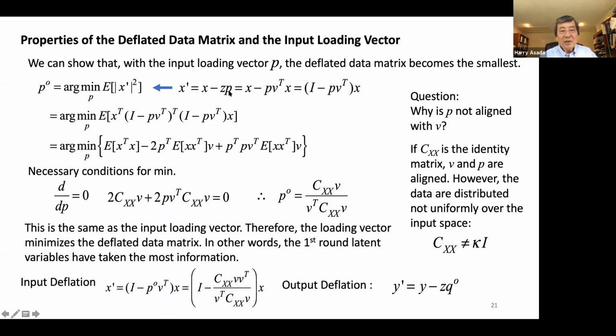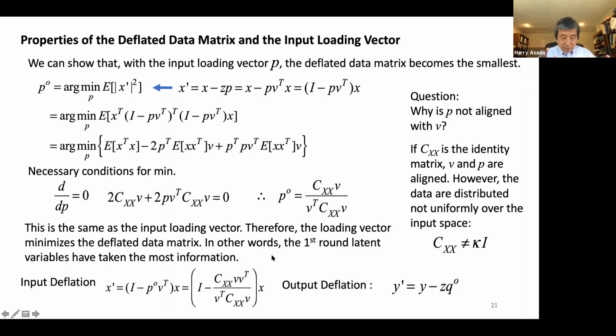So X prime is given by this, and originally it comes from this, so it can be written this way, right? I minus P transpose X. So replacing X prime by this, putting this one back to back, and then expanding it, and then taking the derivatives with respect to P, the same story as before, you end up with this expression, and then solving this for P, what you get is this. This is exactly the same vector as we found here.